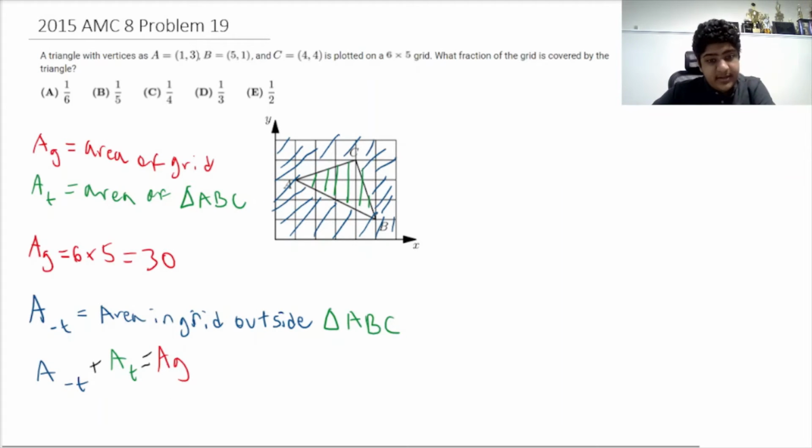Alright, so now we want to find out A sub negative t because that's a lot easier to compute. In order to do this, let's convert it into rectangles and right triangles.